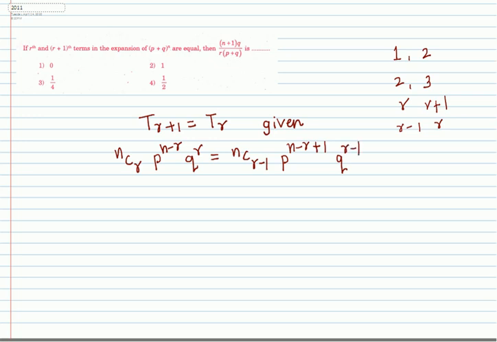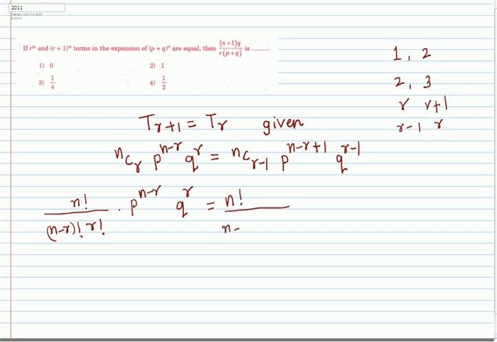Let me keep the LHS as it is, whereas in the RHS let us write here n factorial divided by (n minus r) factorial into r factorial into p to the power n minus r into q to the power r. Here n factorial divided by (n minus r plus 1) factorial into (r minus 1) factorial.